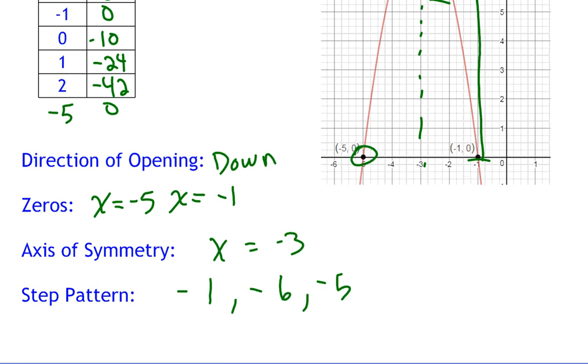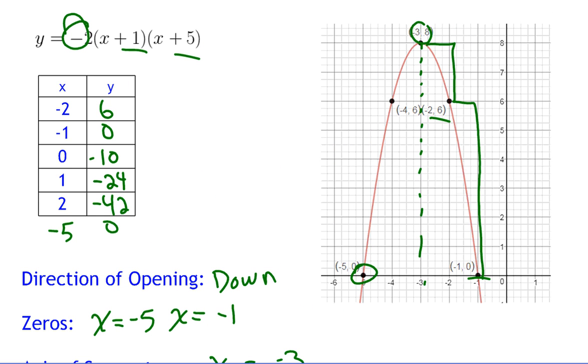The negative just means it went down. The values of 2, 6, and 10 take the standard step pattern 1, 3, and 5, multiplied by this negative 2 in front of the brackets, to get these things right here. So that's how we use the equation to help us find out what this graph is going to look like.